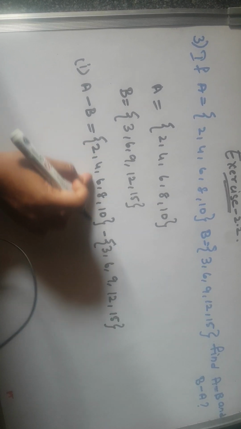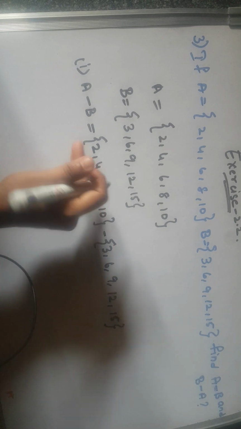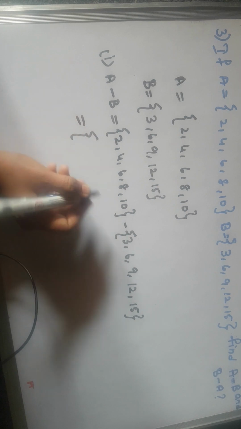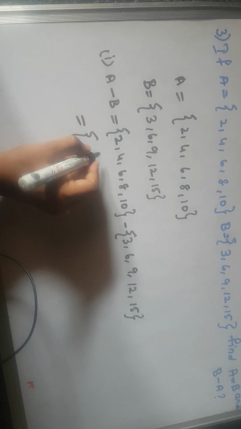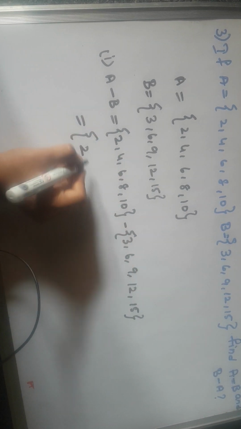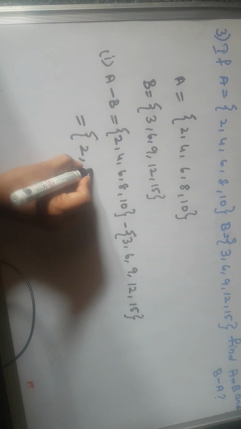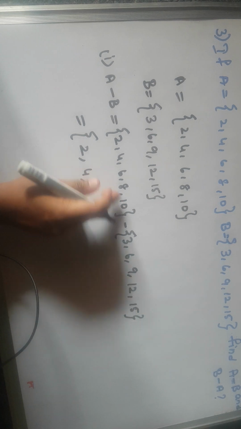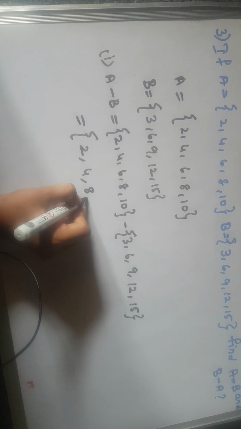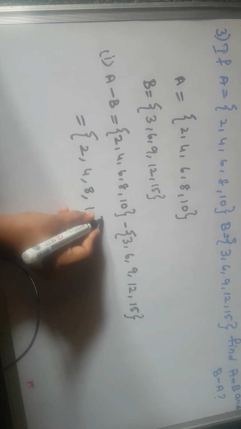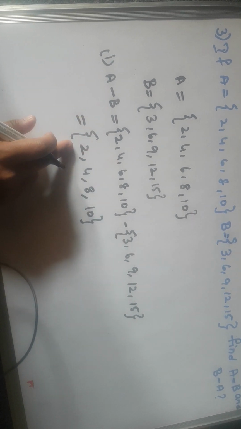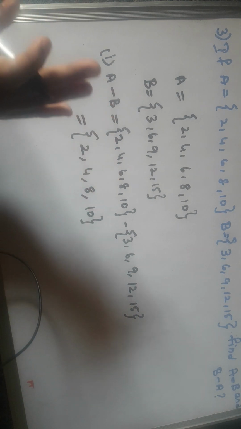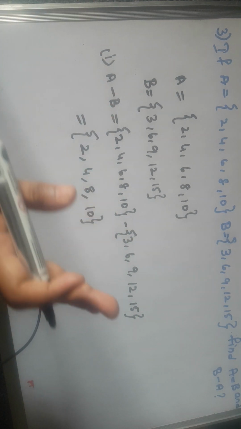Not even a single element should be in set B. Okay, you have to take only set A. 2 is not present in B, so 2 is there. 4 is not present in B, 4 is there. 6 is present in B, so we should not take 6. 8 is not present in B, we have to take 8. 10 is not present in B, 10 is there. So the value of A minus B is 2, 4, 8, 10. We are taking only the A elements, not the B elements.